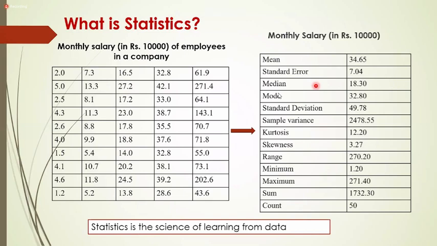So if we say that 50% of the employees earn below 183,000 monthly and 50% earn 183,000 or more, then everyone knows that, when we take 50 employees, 25 employee salaries are below 183,000 and another 25 salaries are above 183,000.